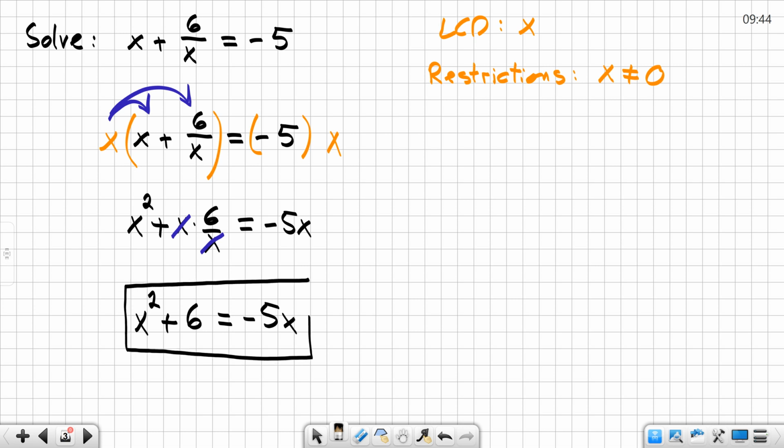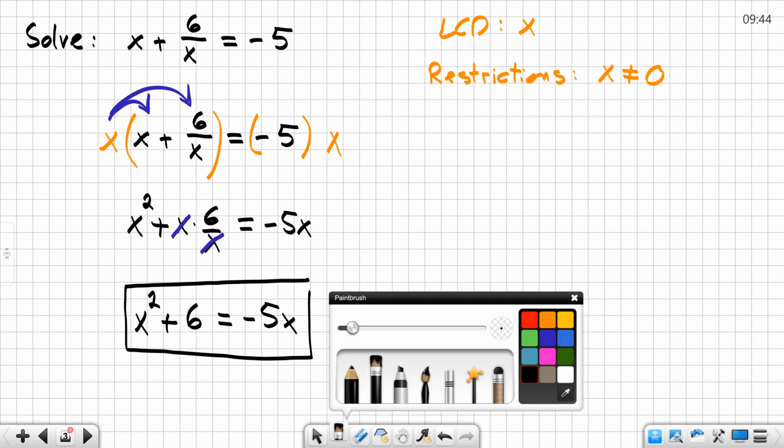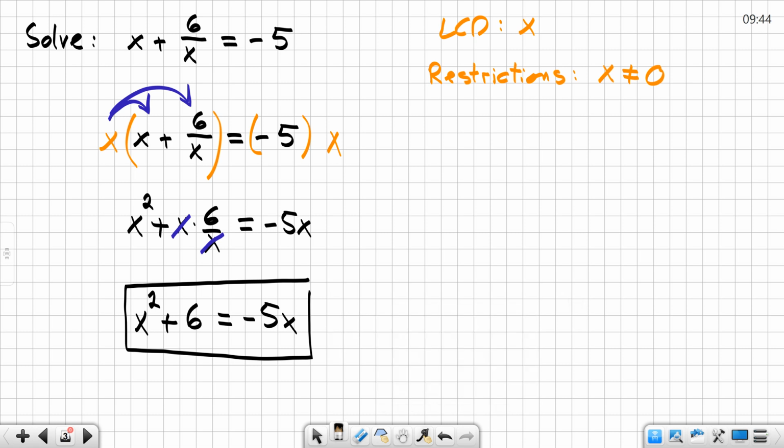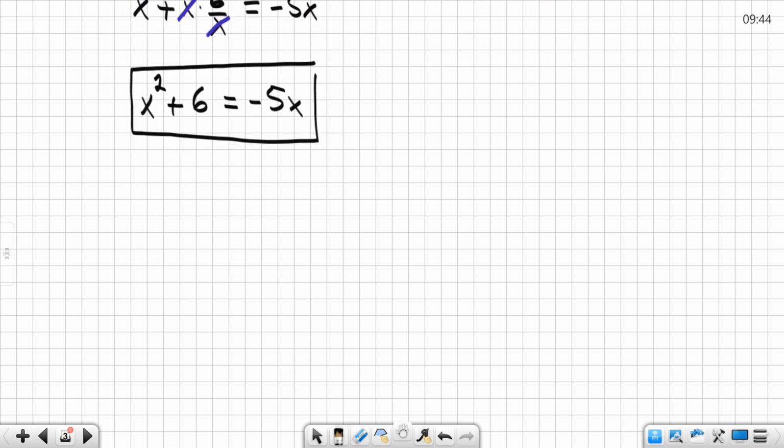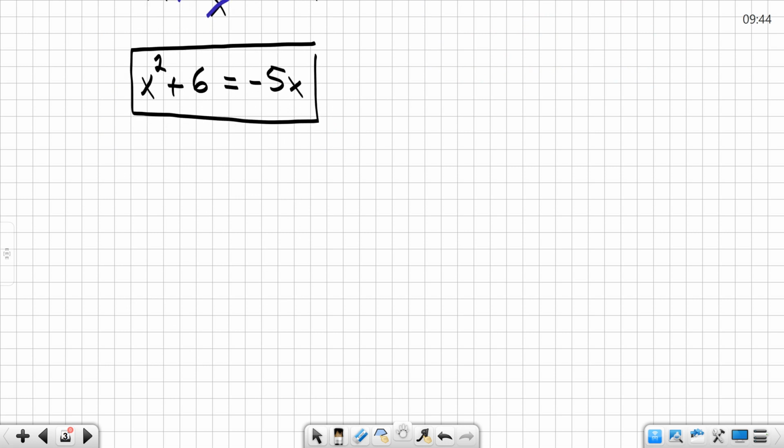This is the equation that we are now going to solve. This is a quadratic equation. We have learned how to solve quadratic equations in the last chapter. The way to do this is by factoring, by first setting everything equal to 0. And the way to set this equal to 0 is to simply add 5x to both sides.